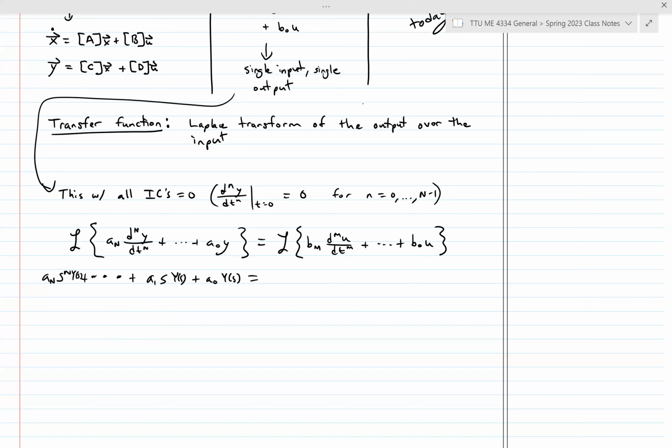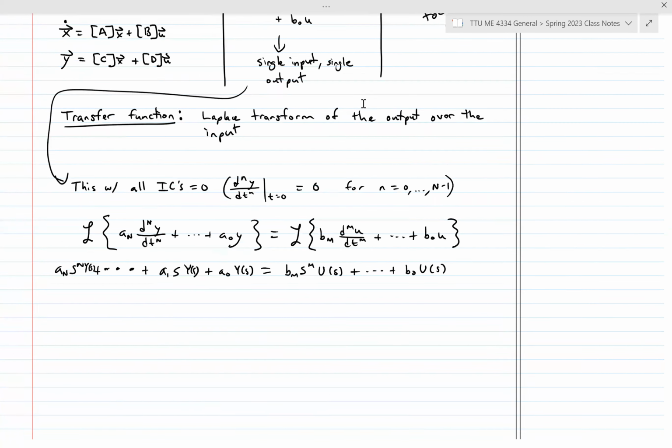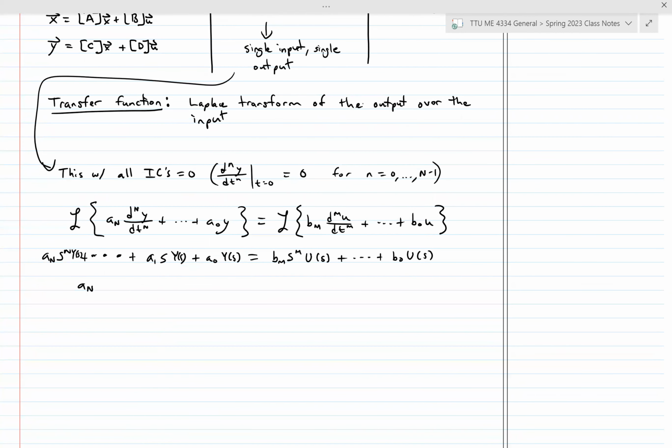The other side should have bm s to the m times U of s all the way down to b0 times U of s, or s to the 0 power. We can group all these terms together, an s to the n plus all the way down to a0, implied that it's a0 s to the 0, multiplied by Y of s.